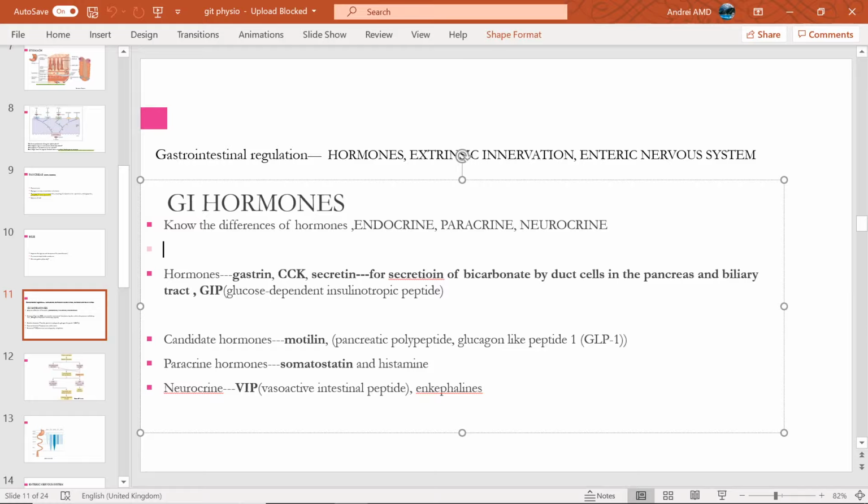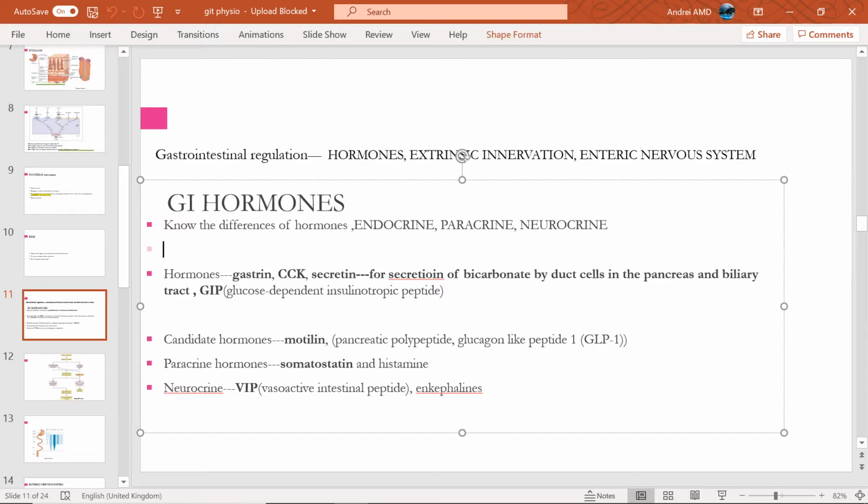When there's anything in the stomach, that stimulates the G cells. Also, when there's vagal stimuli, mediated by the gastrin-releasing peptide. I know it's a hard word, but it's stimulated by the vagus. And the third way is when there's amino acid in the lumen of the stomach.